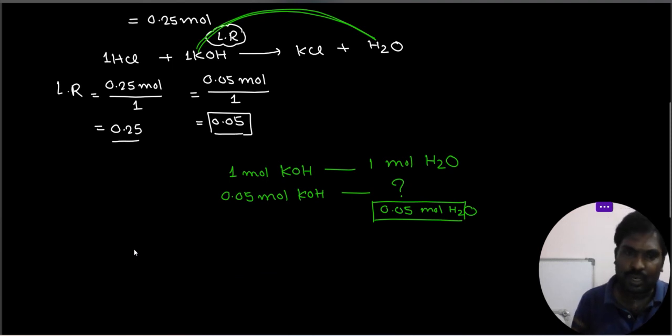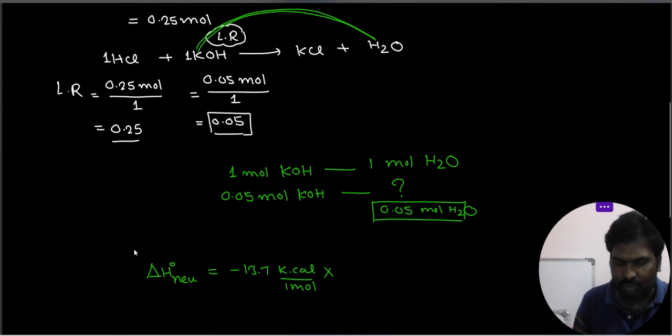For 1 mole water, 13.7. For 0.05 mole water, how much? So the enthalpy of neutralization is minus 13.7 kilocalorie per mole. How much water is generated here? 0.05 mole water.